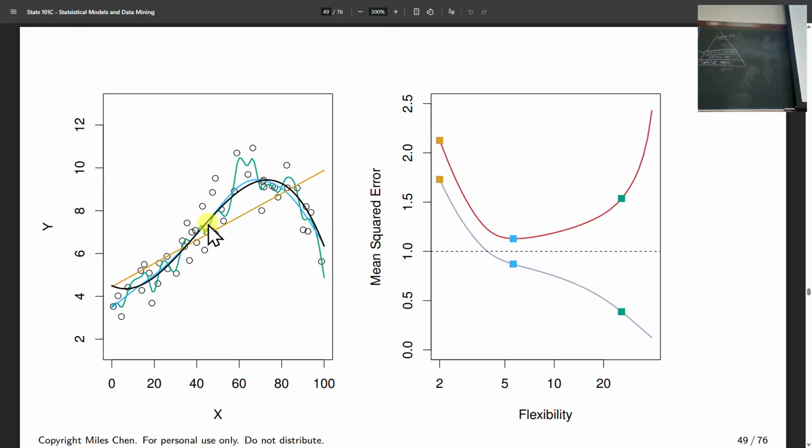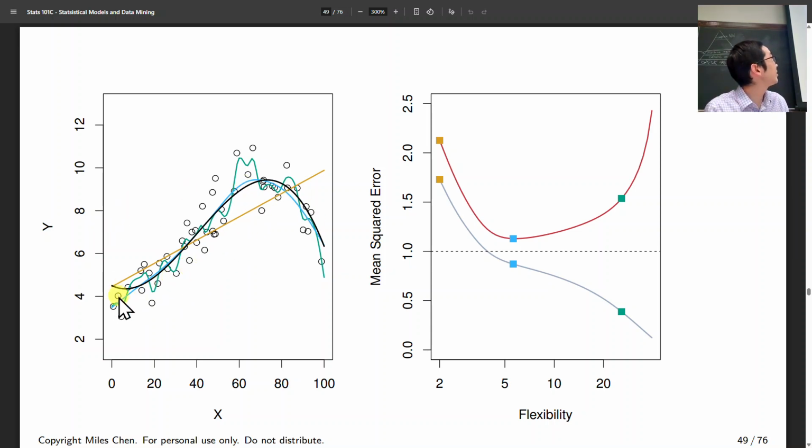And then the other is like this thin rope that's very flexible, and you can make tight little twists and turns and things like that. And we said, hey, fit the data as well as you can. Fit these dots as well as you can with the tools you have. So if you have this spline that's not super flexible, you can't make these tight little twists and turns, you get this blue thing.